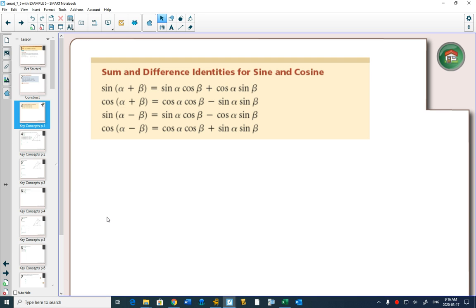But I'm going to show you something that we have here. If I have sine alpha cos beta, cos alpha sine beta, I'm going to show you with our graphing calculator a little bit of what this means.